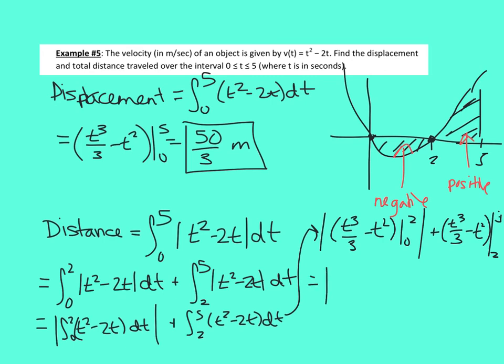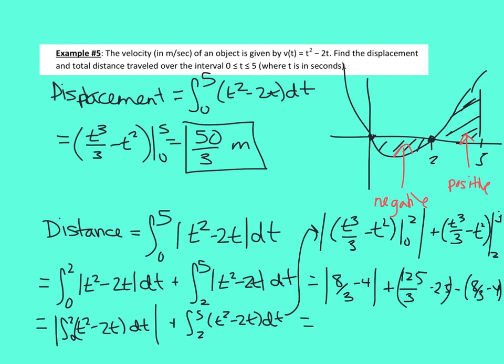When I do that first integral right here, I end up getting 8/3 minus 4. Whatever I get from that, I'm going to make it positive. The second part of the integral, not too pleasant, unfortunately. I get 125/3 minus 25 minus 8/3 minus 4.